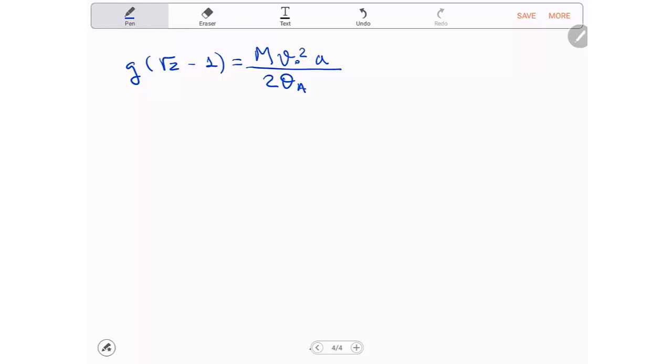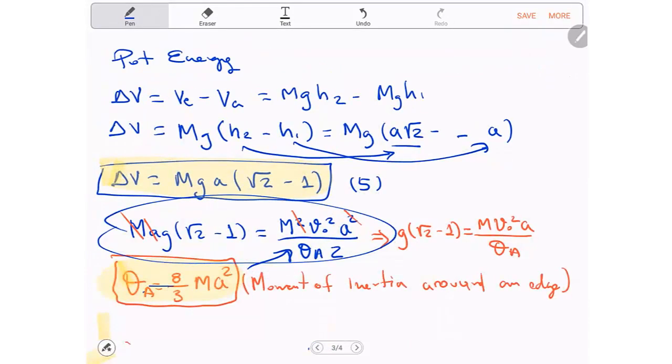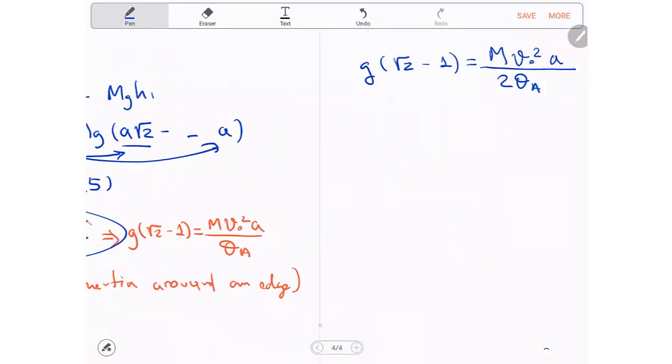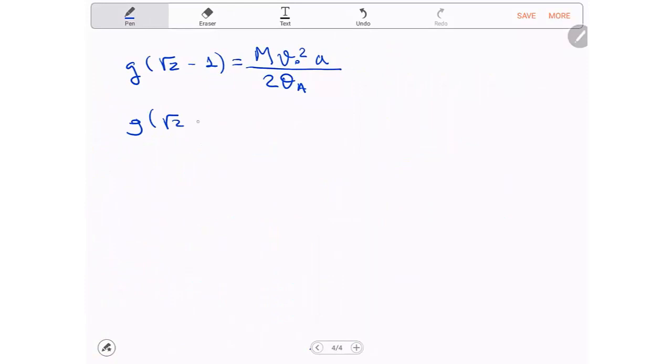Now we replace this into this, and we will have g times root 2 minus 1 equal to m v0 squared a divided by 2. Okay, the moment of inertia is 8/3 of the mass times a squared.